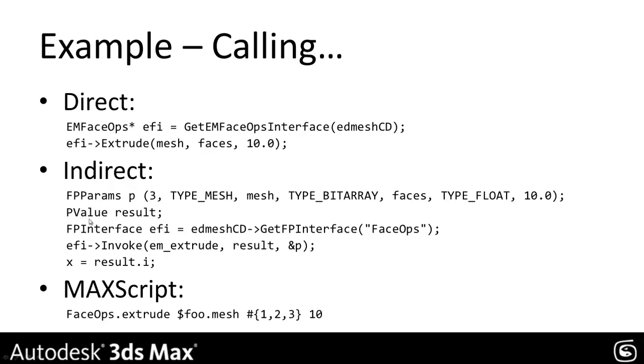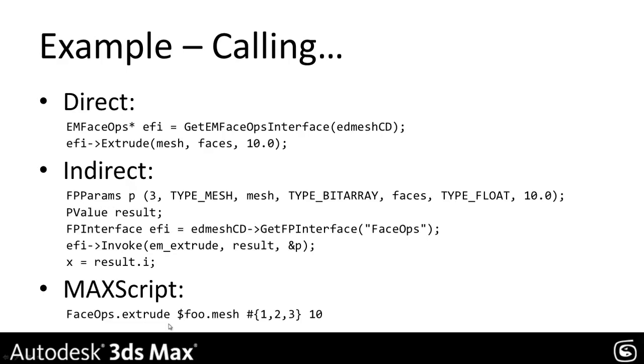So this is a published value. And then you go to the FP interface and you use the class descriptor, get the FP interface called faceops, and then you can use the interface to invoke the method called em extrude. There's the result where it's going to be stored, and then here's the parameter list that you're passing in. Okay, and then at the end the result's going to come back and it's going to have the values stored in it.